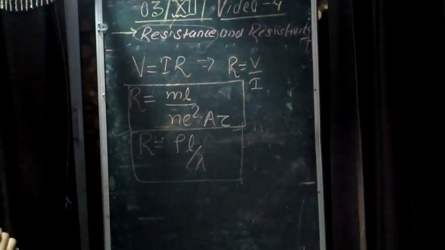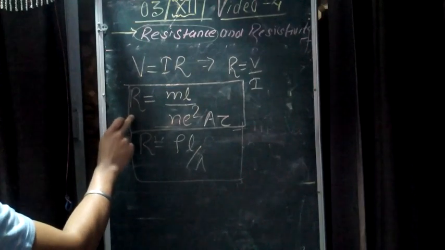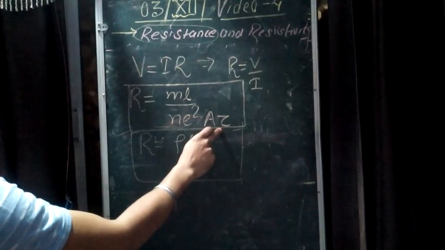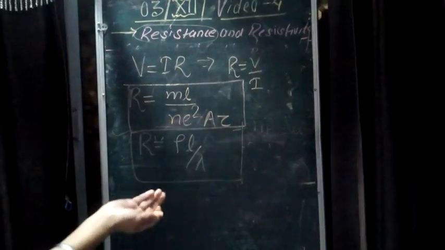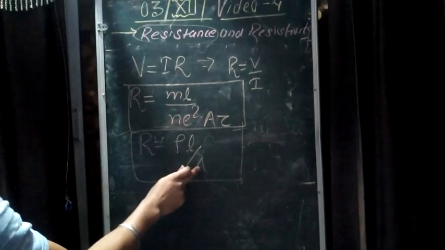So we can say that R does not depend on number density as well as relaxation time. So finally R depends upon L and A.